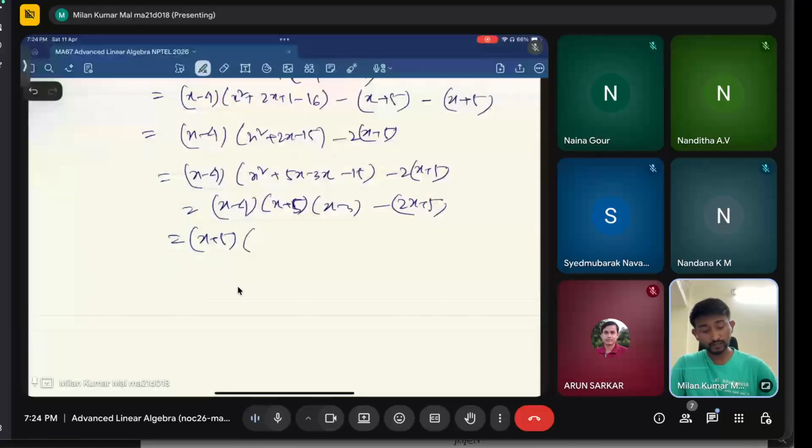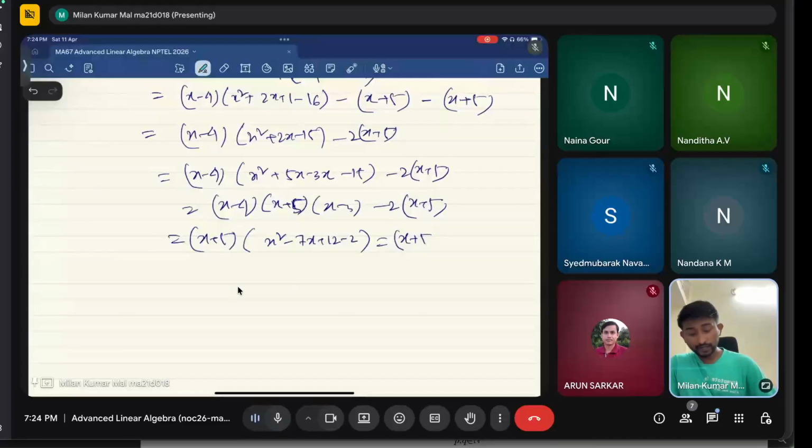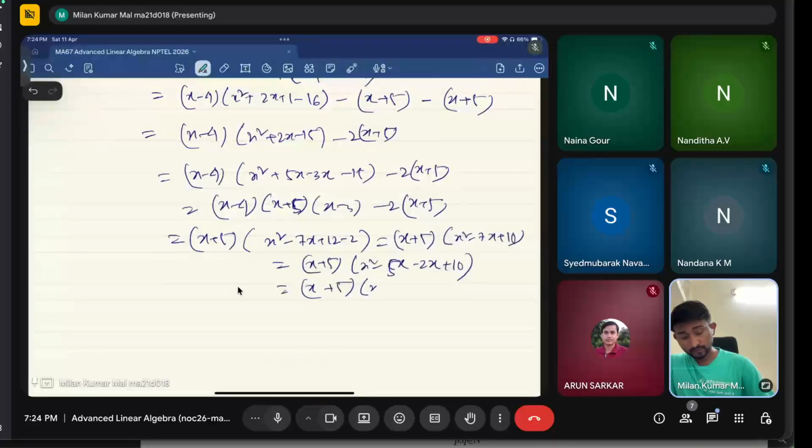Breaking 10 as 5 and 2, this is going to be (x plus 5)(x minus 5)(x minus 2). So the eigenvalues are 2, 5, minus 5, distinct.